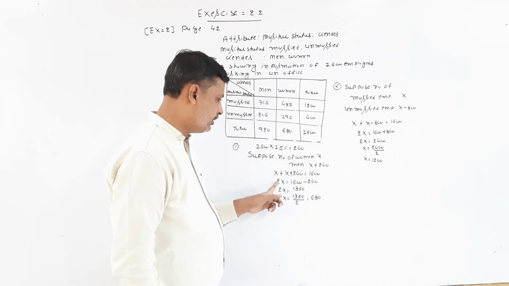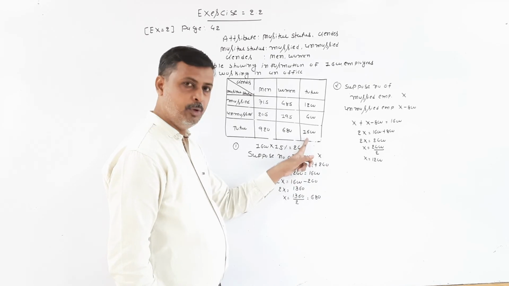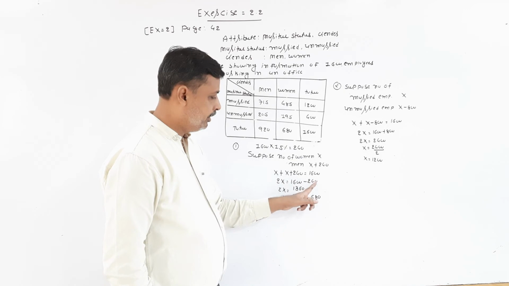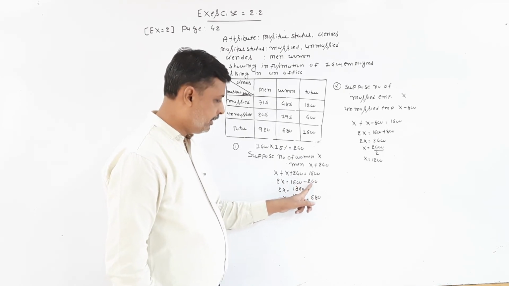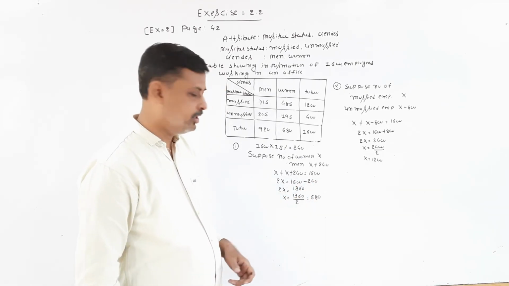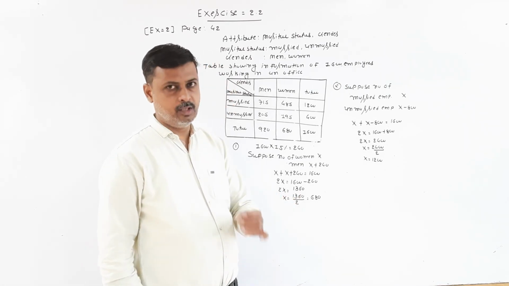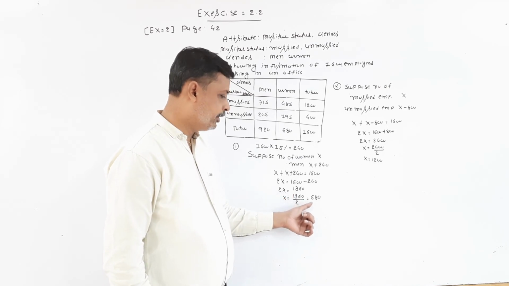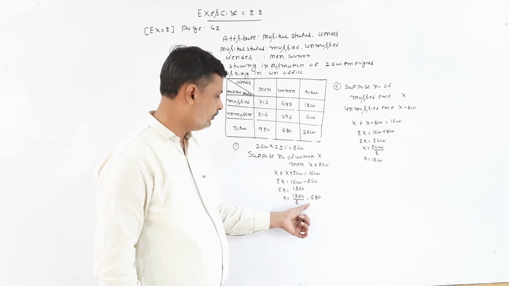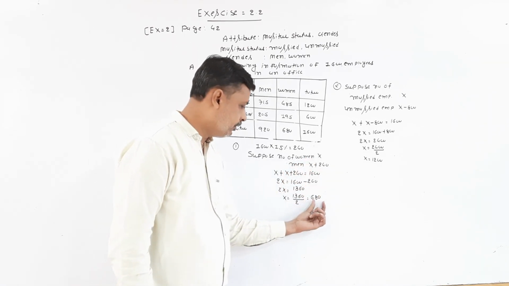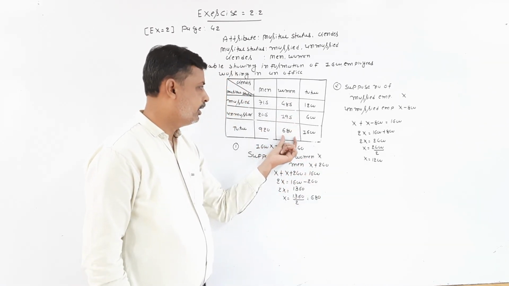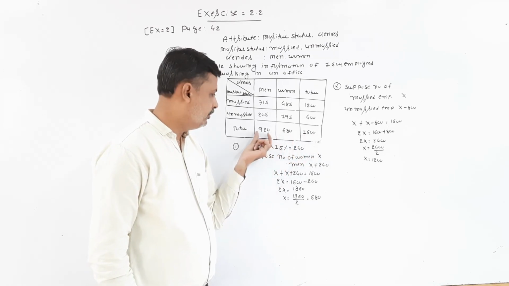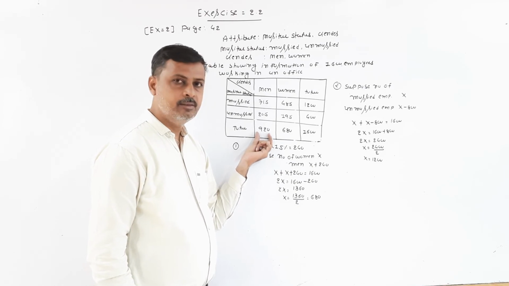Woman x, men x plus 240, total employees 1600. x plus x is 2x, plus 240 becomes minus. 1600 minus 240 becomes 1360. 2x is equal to 1360. So x is equal to 1360 divided by 2, 680. So total women 680, total employees 1600. 680 women, so 920 men.